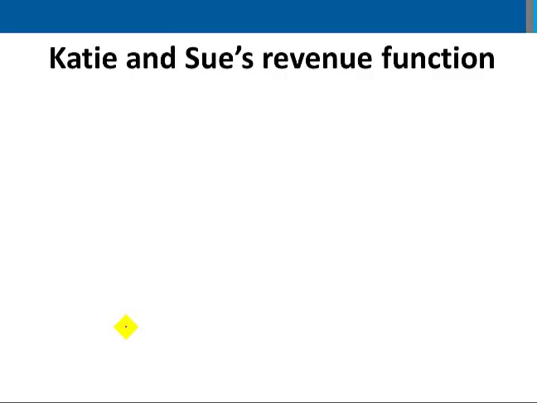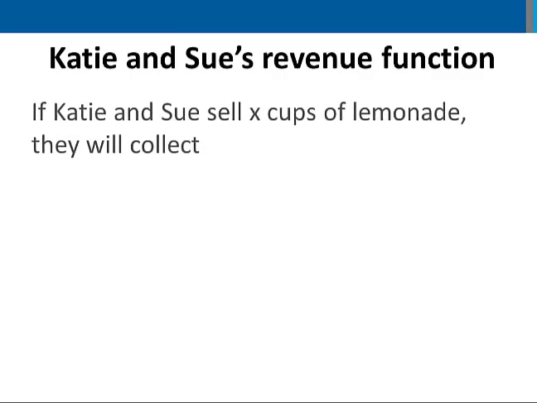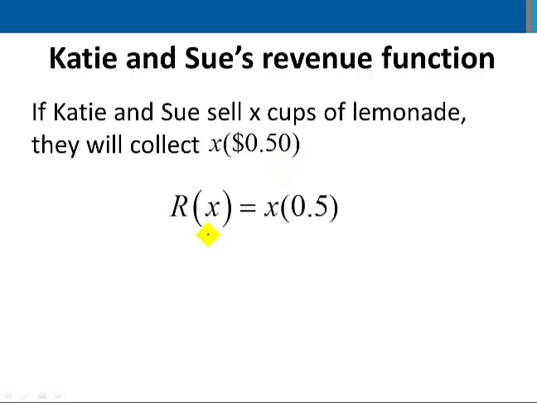Katie and Sue's revenue function: if Katie and Sue sell x cups of lemonade, they will collect x times $0.5. So their revenue function, r of x, equals x times 0.5. Let's check to make sure this makes sense. Say they sell 10 cups of lemonade. Their revenue would be 10 times 0.5, which would be $5. Does that make sense? Sure.